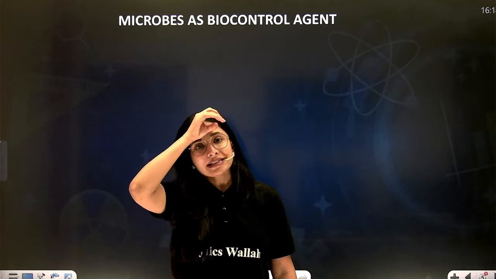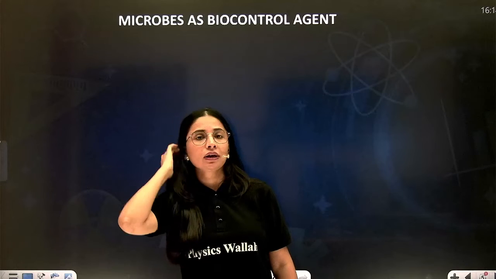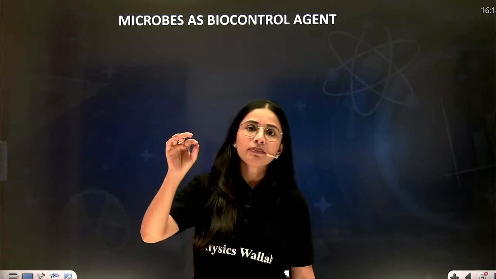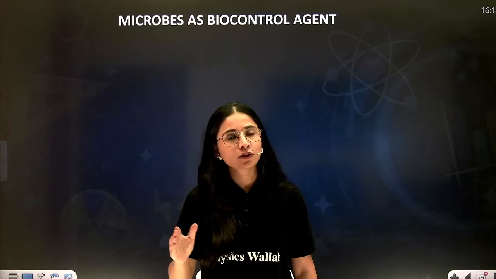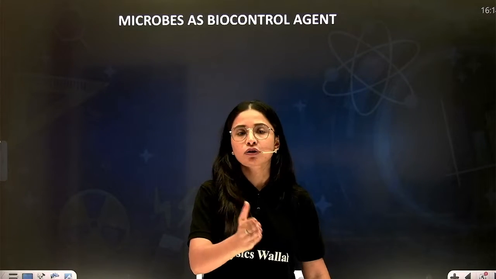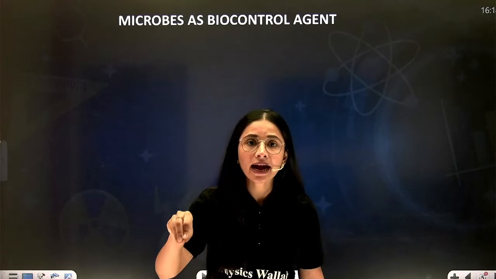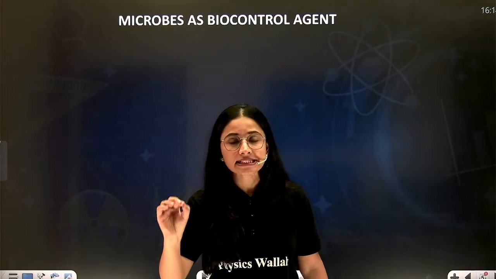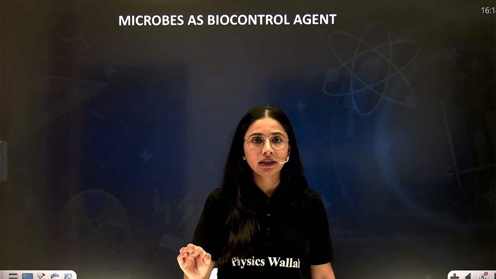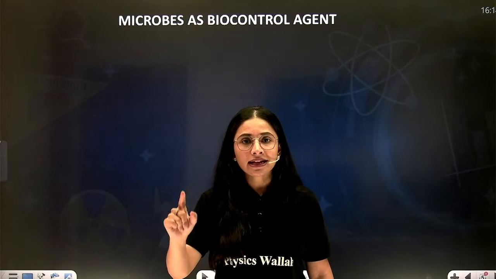Now, there is another method of biocontrol. For example, suppose on my field, X insect is growing and it is harmful to my crop. Now, that X insect must be having some predator, right? So I can introduce that predator of X insect on my field so that I can control the X insect population.